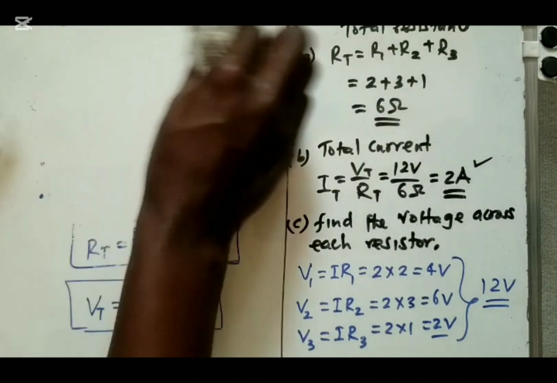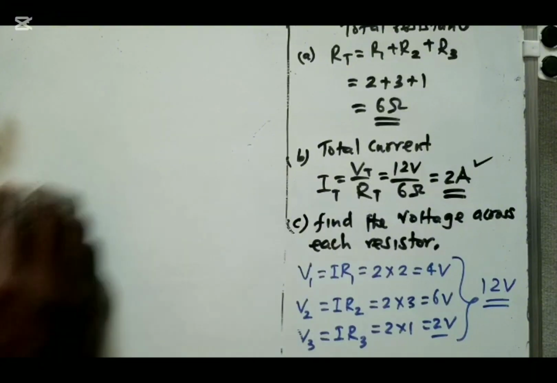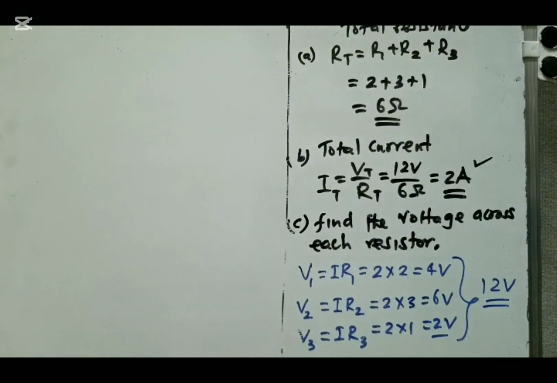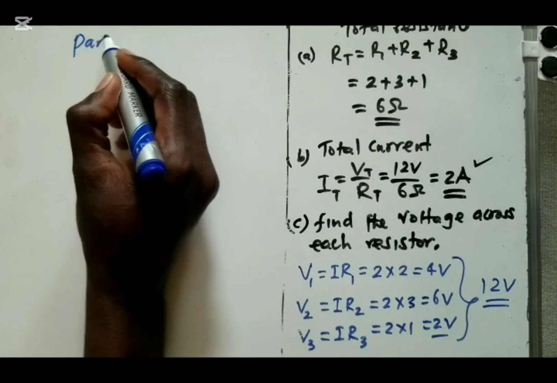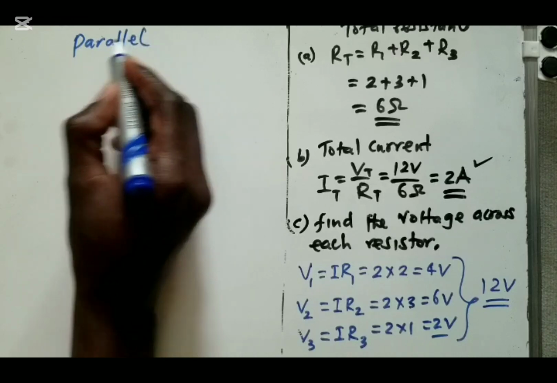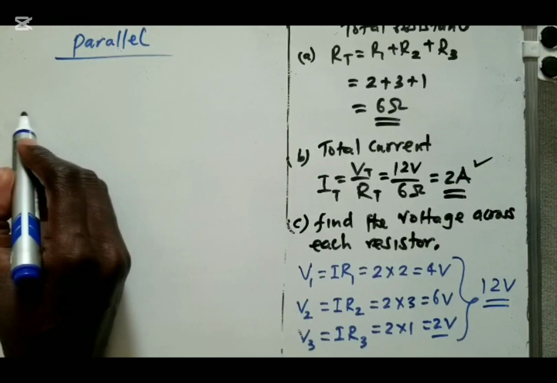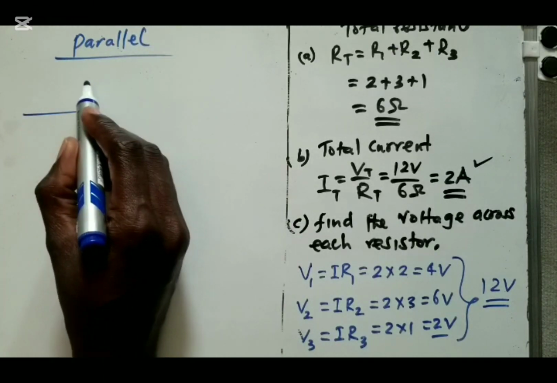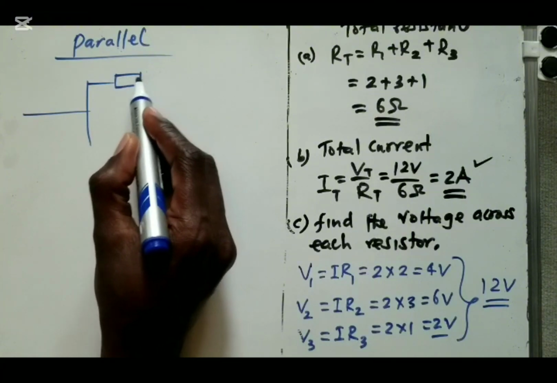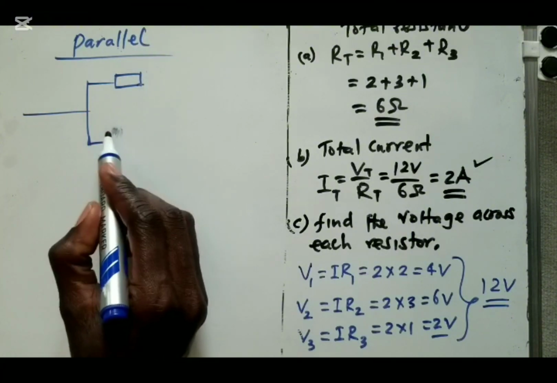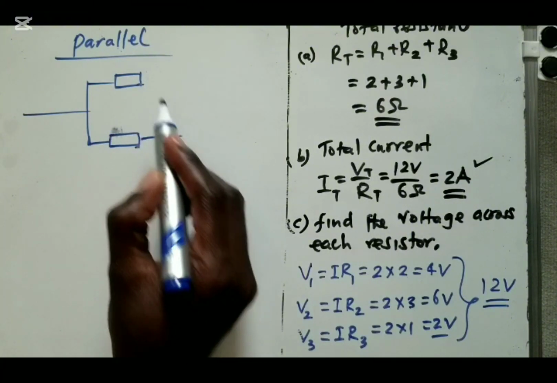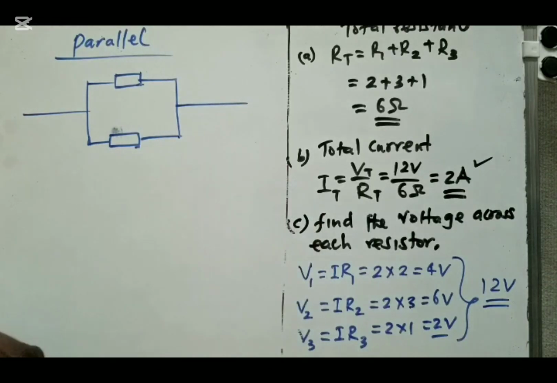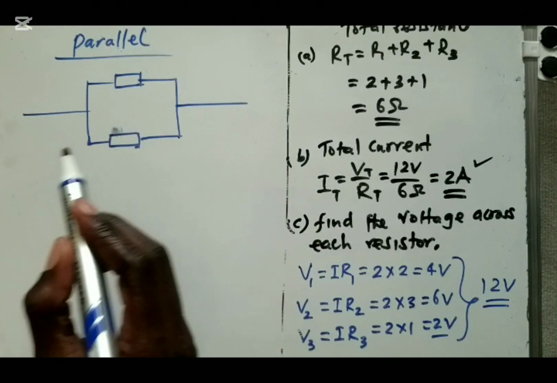Let's quickly go to what we are calling resistors in parallel. If you have resistors that are found in parallel, for example, you can have 2 resistors in parallel. Don't waste time if there are only 2 that are in parallel.